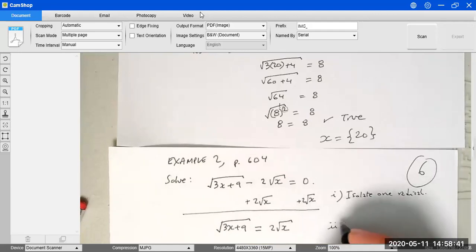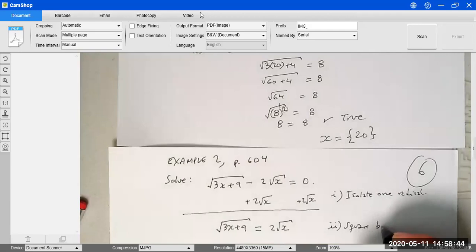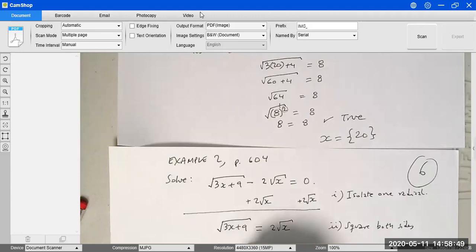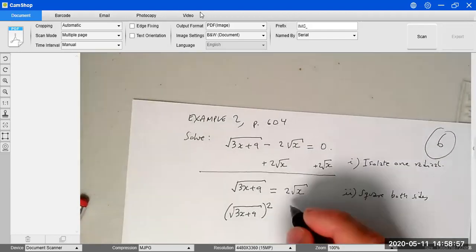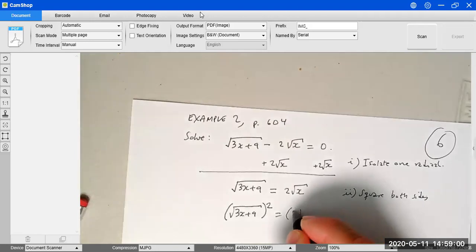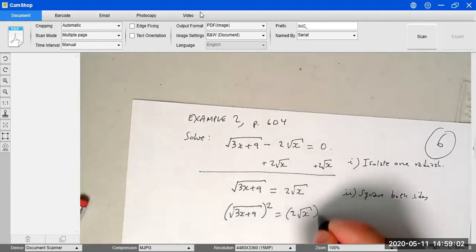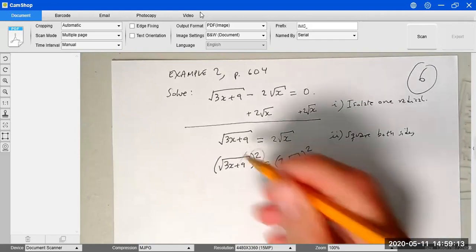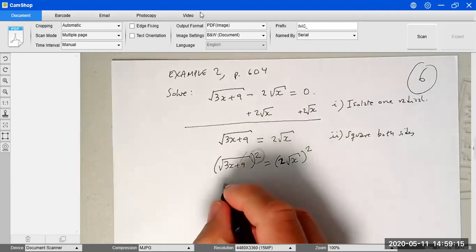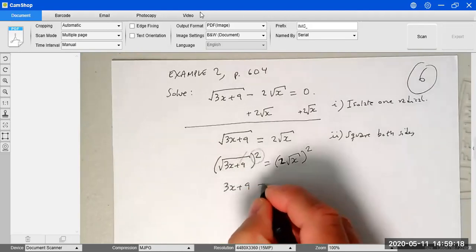Now, second step, we're going to square both sides. So we're going to write the square root of 3x plus 9 and we're going to square it. And we're going to do the same thing with the other side. So we have 2 times the square root of x, squared. Okay? So on the left hand side, it's just removing the exponent and the radical. So we have 3x plus 9.